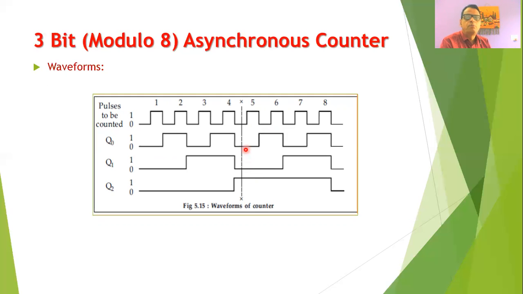So after the 4th clock pulse, the output of the counter can be checked from these waveforms. Also, one can observe from these waveforms that when 8 clock pulses are applied at the input, at Q0 we will get 4 clock pulses, at Q1 we will get only 2 clock pulses, and at Q2 we will get only 1 clock pulse. So every time, the number of input pulses is divided by 2.